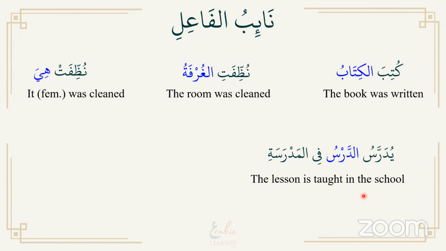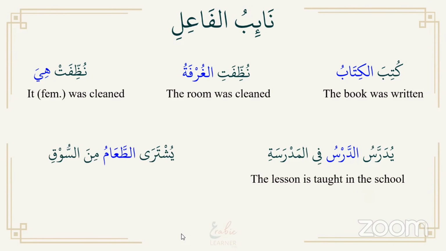What is taught? Who taught is not mentioned here because it is in the majhul form. Yudarrasu, this is from which bab? Who can say that? Qaddara yuqaddiru. So this is the majhul form of that.